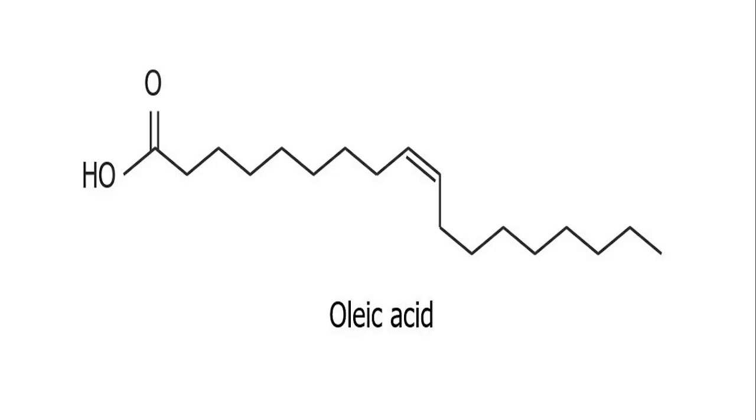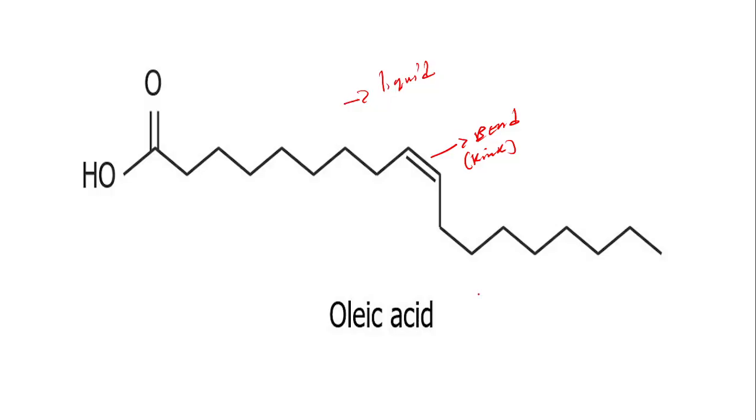So this is the structure of an unsaturated fat acid, of which the example is oleic acid. You can see there is a bend there, which is also known as a kink. This is the reason why these are normally liquid at room temperature.